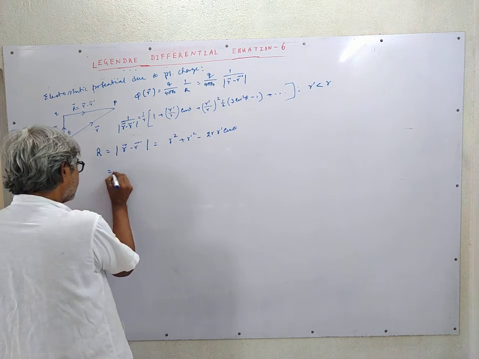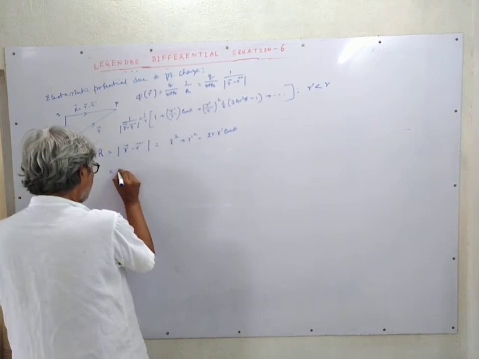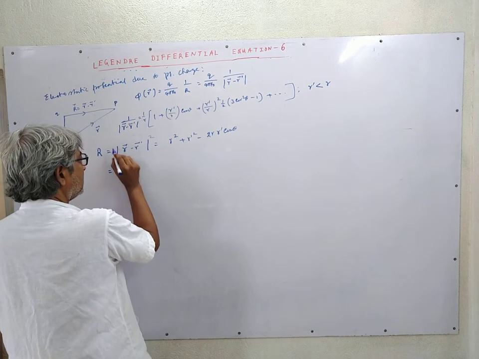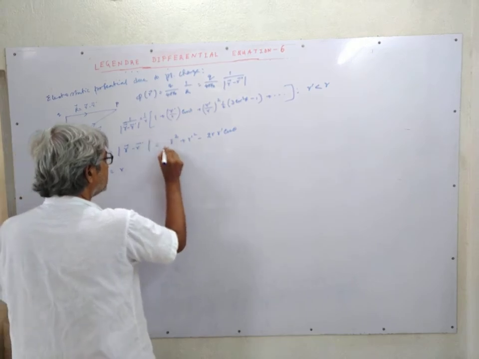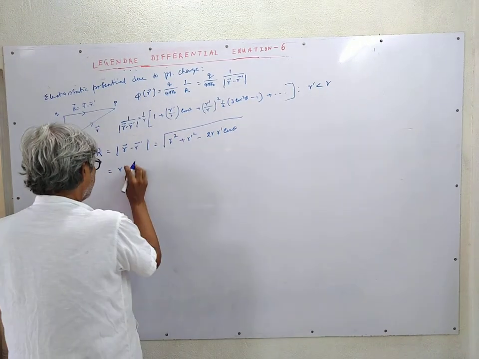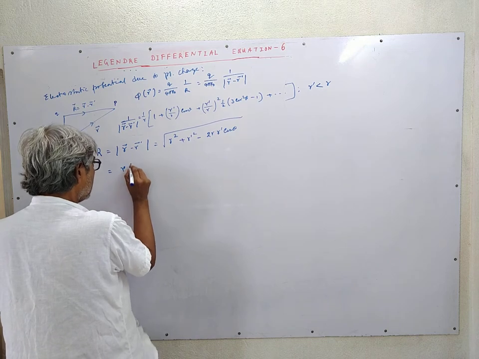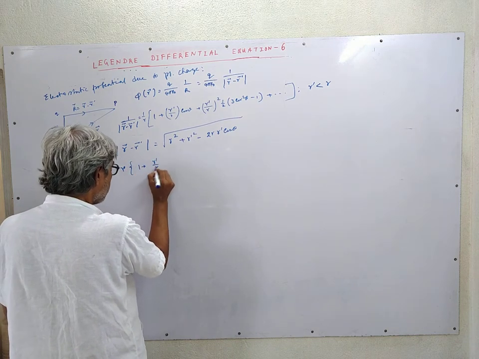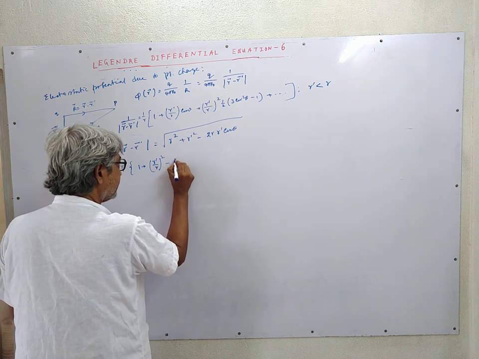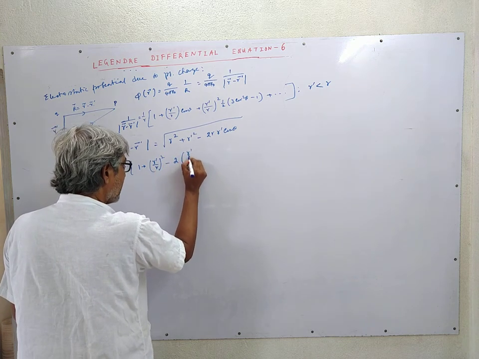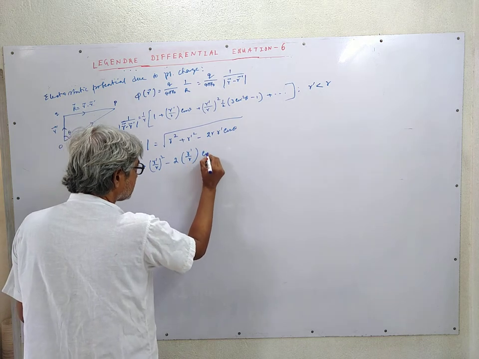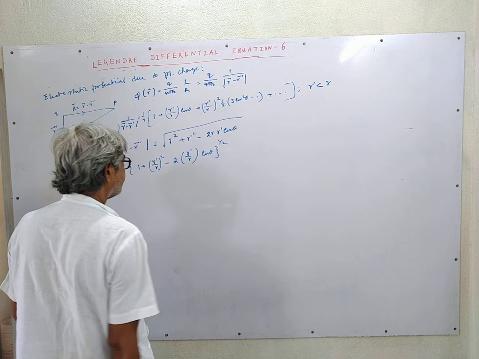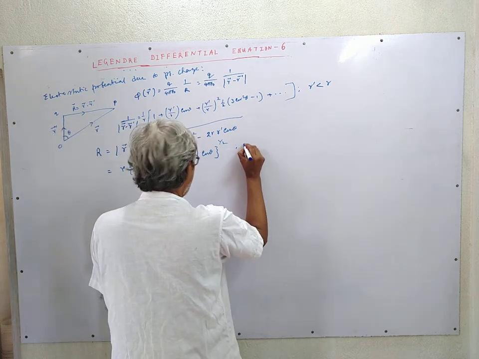For r greater than r prime, we take r common, and there should be a square root, so this is r times square root of 1 plus r prime by r whole square minus twice r prime by r cos of theta.